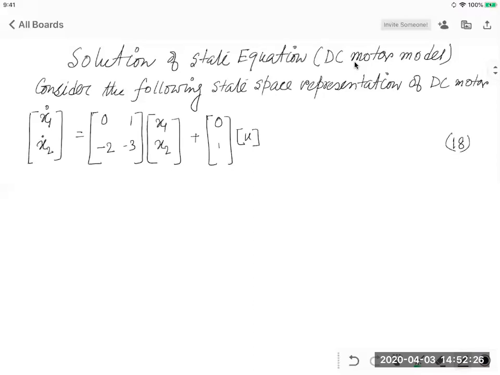This is the state equation. Output equation y is equal to C, that is 1, 0, times x, that is x1, x2.